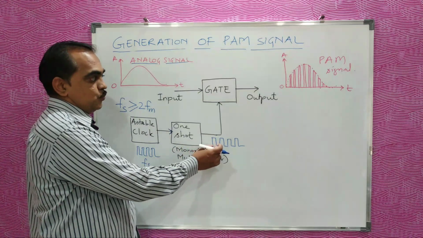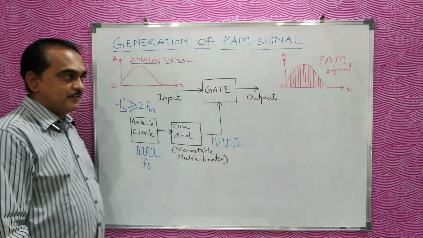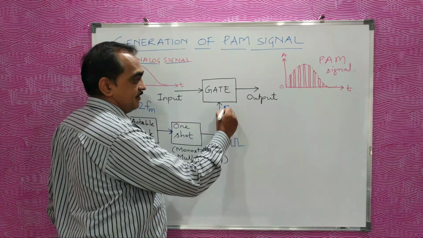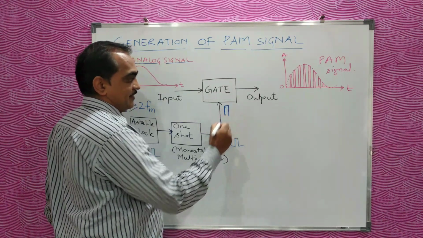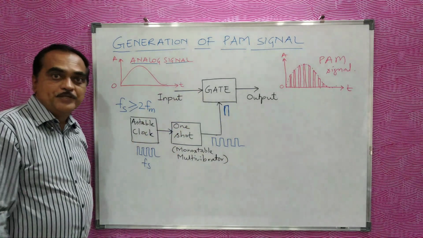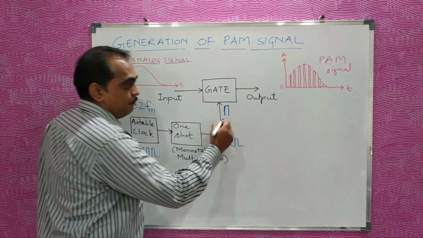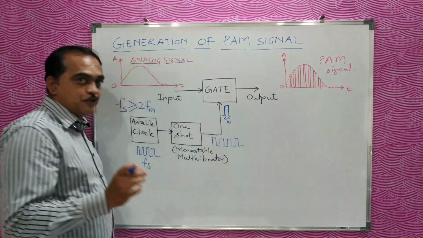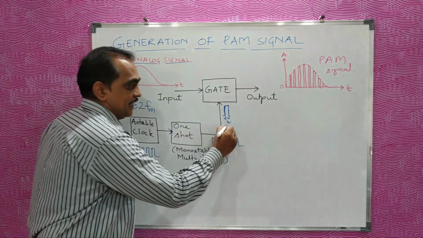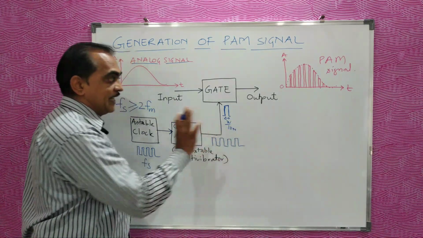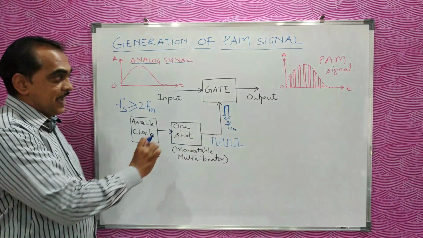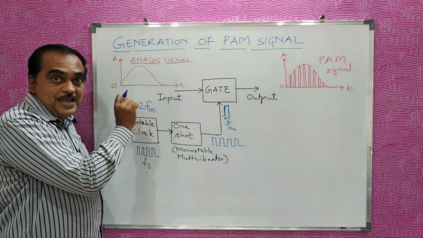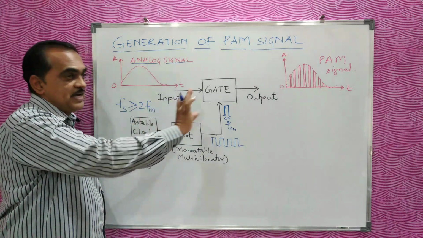Now when these pulses are given to this gate, whenever a rising pulse comes, that time the gate is open. The gate is open for the width of the pulse, whatever the T on is, and for that time period that particular sample of the continuous wave at that instant of time will pass.